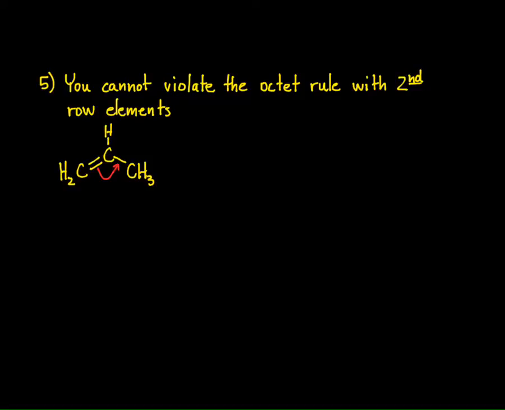And so let's say, for argument's sake, that that's exactly what we do, and we try to draw a resonance structure. What's the result? Well, the carbon on the left is going to have a positive charge because I'm taking electrons away from it, so now it only has a bond to the central carbon and then a bond to each of the hydrogens, so there's only 6 electrons around it, so it has positive charge. And now the carbon on the right has a negative charge. I say, oh, okay, well that works, right?